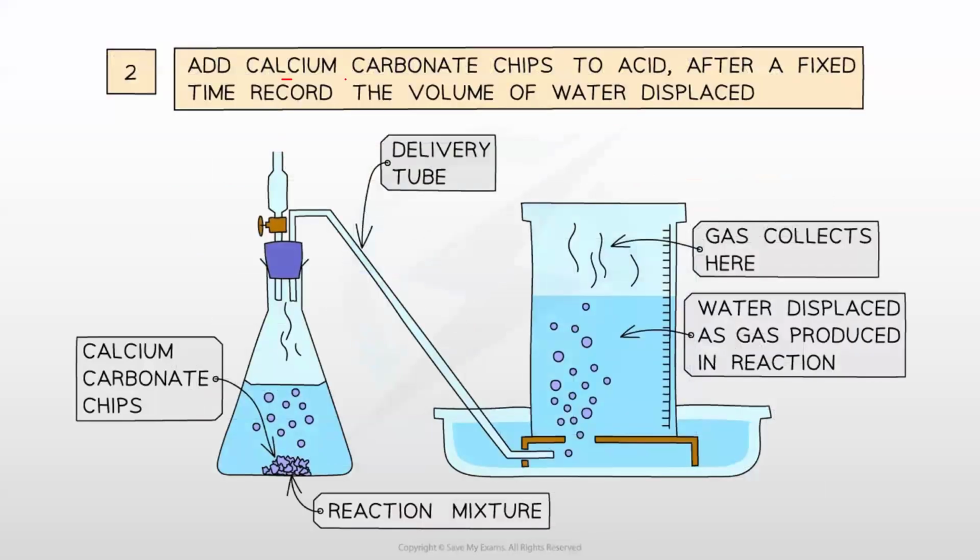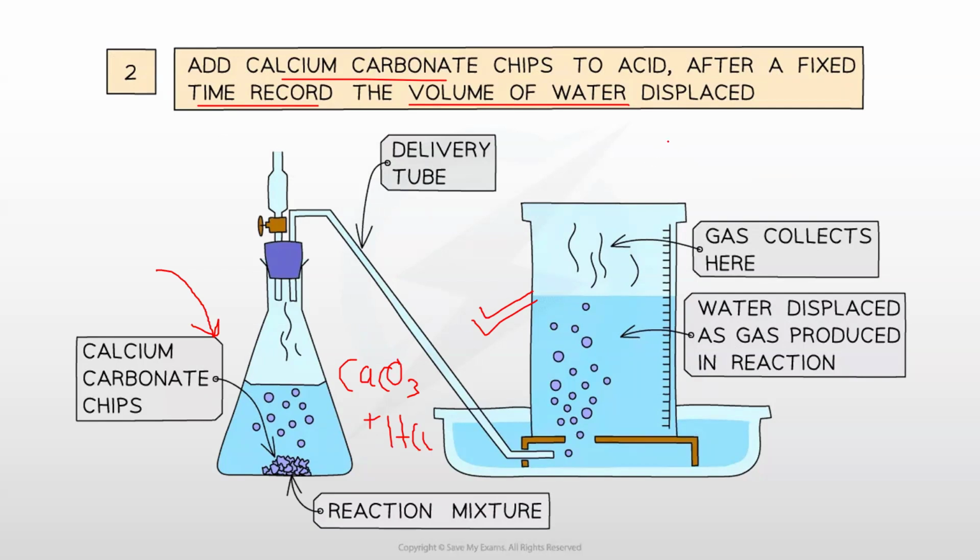Now we're going to add calcium carbonate chips to the hydrochloric acid after a fixed time and record the volume of the water displaced. Now we are going to record the volume of water that will be displaced. अब जैसे मैंने calcium carbonate डाल दी HCl में, there is a reaction taking place between calcium carbonate and hydrochloric acid. And what are the products going to be?